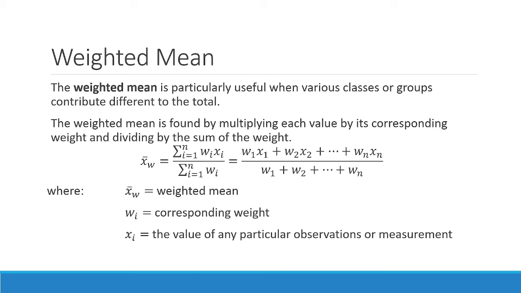Halimbawa, ilan yung admin aid, ilan yung library aid, ilan yung instructors, ilan yung associate props, ilan yung assistant props, at saka yung professors. Then, yung X dito, or yung tinatawag nating value of particular observation, yung X, that will be the sahod.